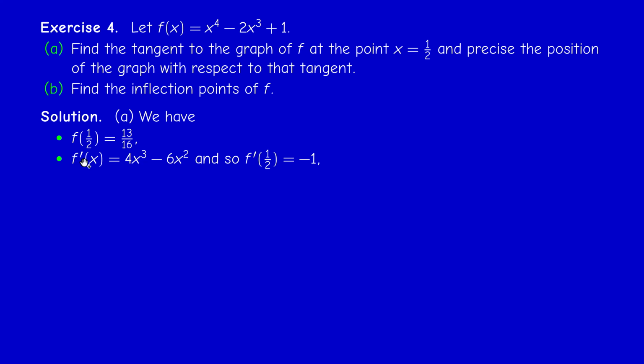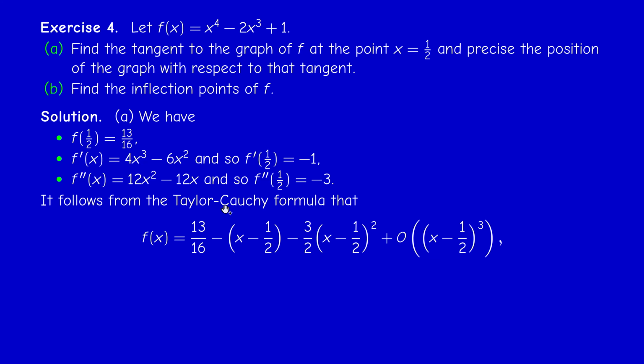So you just compute the derivative and evaluate it at 1/2, you get minus 1. The second derivative evaluated at 1/2 is minus 3, and you just have to divide by 2 factorial. If you differentiate another time, you get 24x minus 12. And if you differentiate a fourth time, you get 24, and then you get 0.